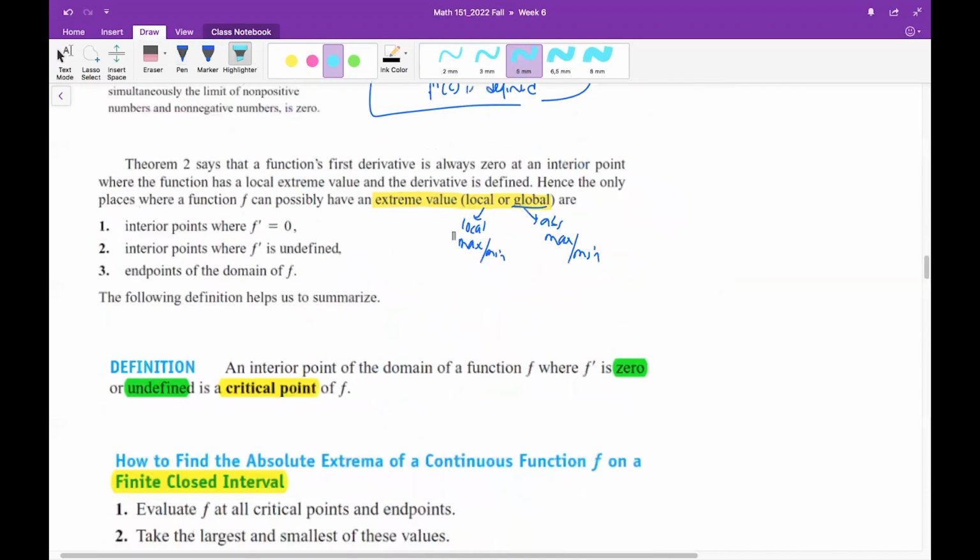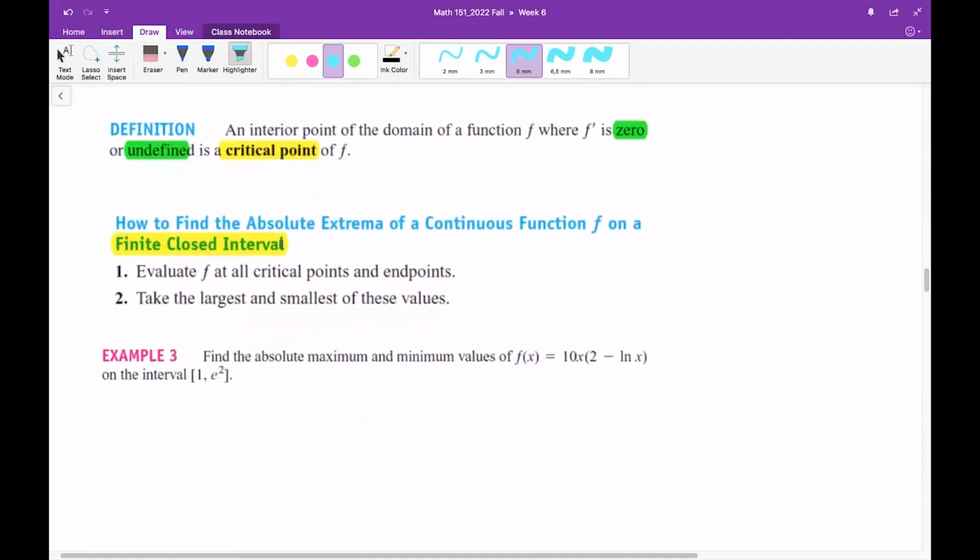That's why such values occur either at the points at which you have first derivative 0 or undefined, or it may happen at the endpoints of your domain. So this covers all the cases at which you may have local max, min or absolute max, min values.